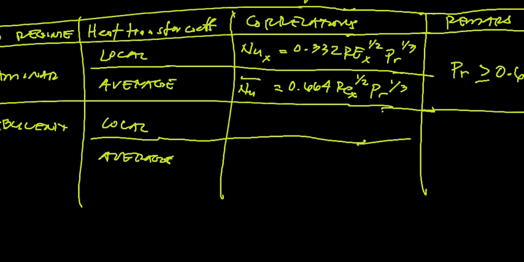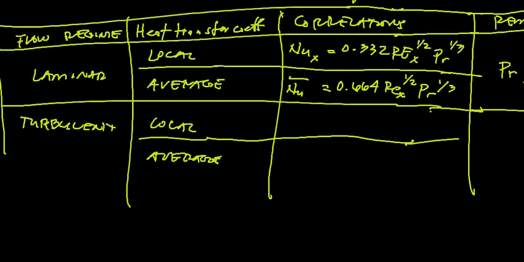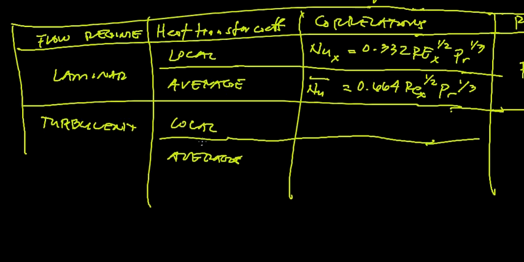Okay, so if we have a turbulent flow regime and we need to determine the heat transfer coefficient under the local condition, then the correlation of our Nusselt number is Nu equal to 0.0296 Re^4/5 Pr^1/3.